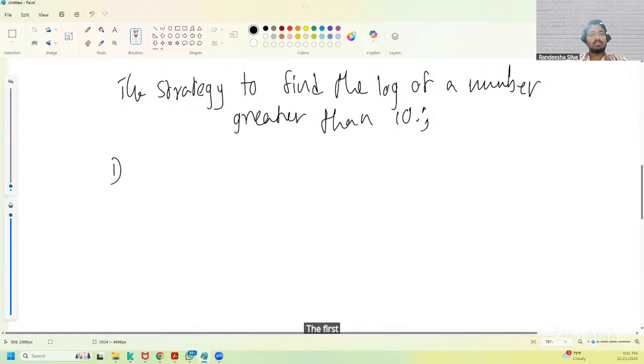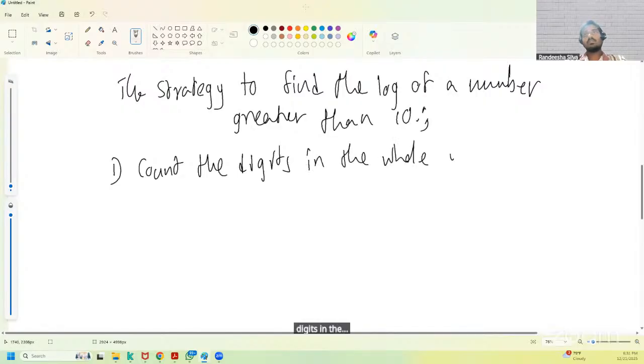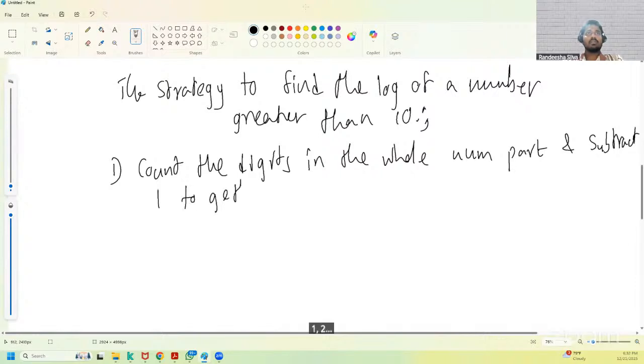The first one is to count the digits in the whole number part and subtract 1 to get the characteristic. Okay, the characteristic is done.